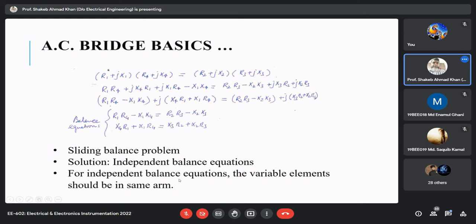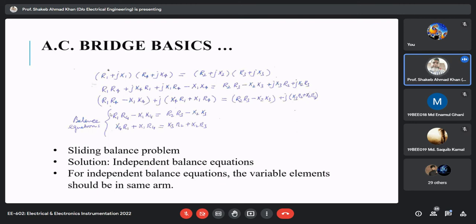That solution is also here: if we are having both the variable components in the same arm, like in this case, if we are having R4 and X4 variable, or R3 and X3 variable, then we can have independent equations. That I'll show when we discuss the real practical bridge circuit. It is not possible to show it here.